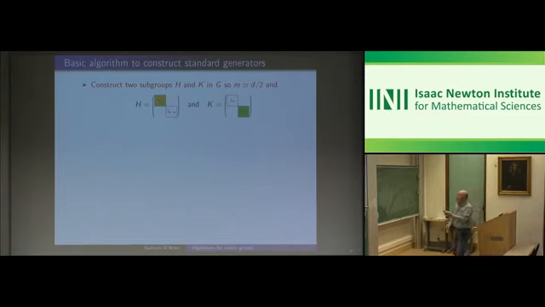So we're given as input G, which we guess is isomorphic to SL(d,q), and we want to produce these generators. What I do is I want to construct 2 subgroups, H and K, which with respect to a basis, if we're thinking of it as a natural copy, essentially commute. H is effectively SL(m,q), and K is effectively SL(d-m,q).